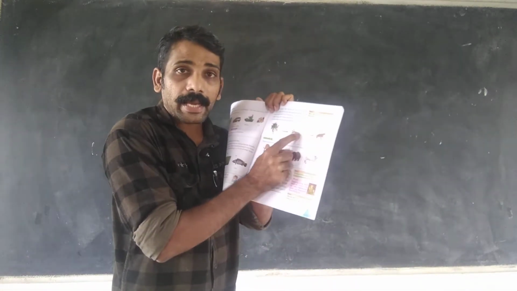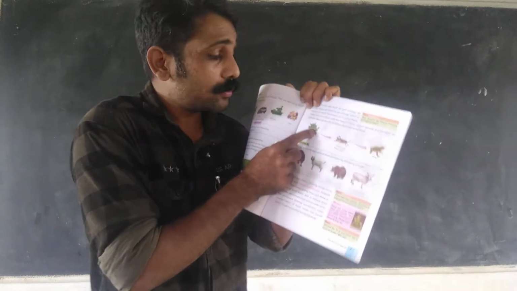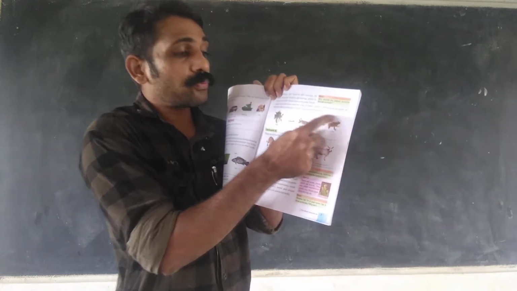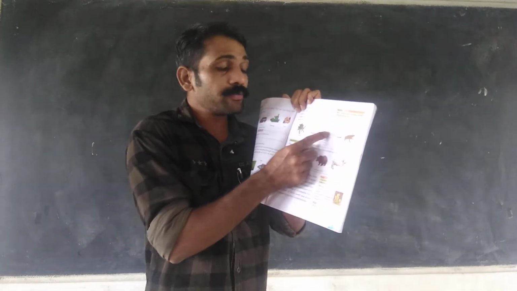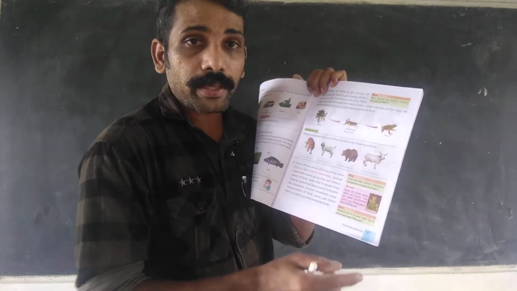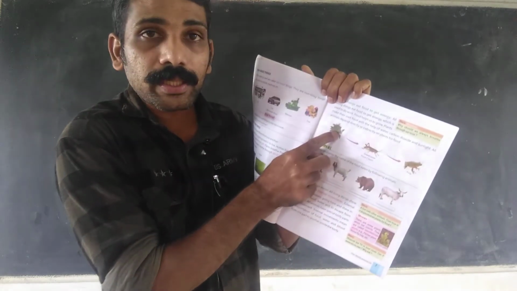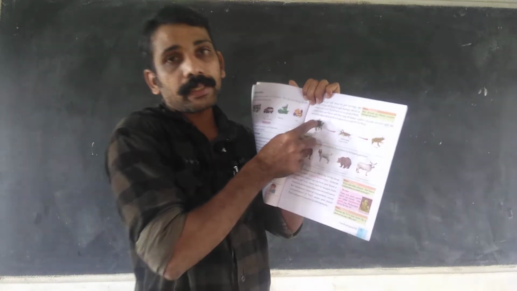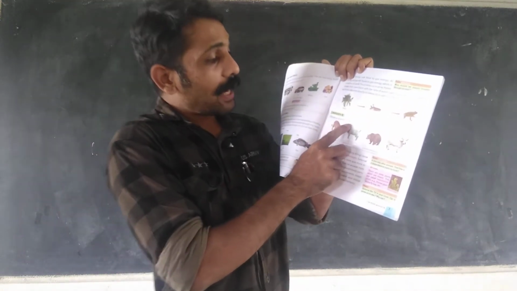In this way some animals depend directly on plants, and some animals depend indirectly on plants.